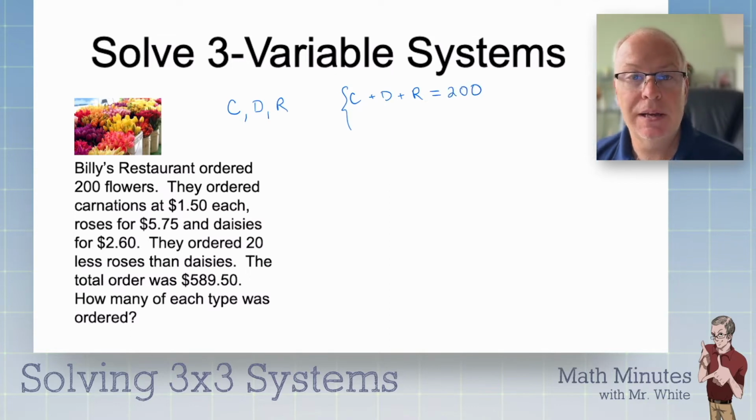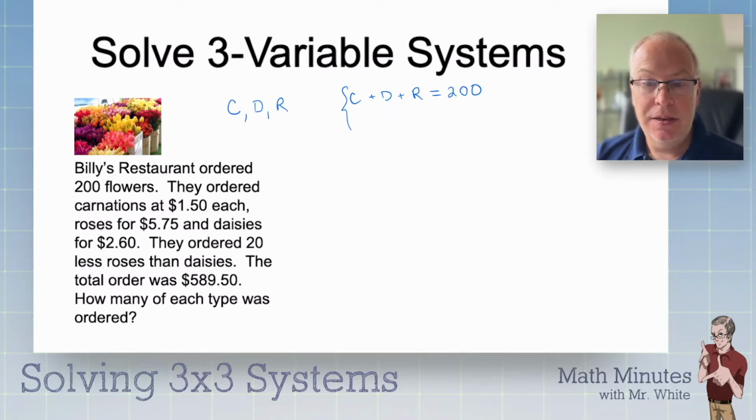By the way, I'm writing kind of small because honestly, there sometimes is a lot of work to do when you have a 3x3. Okay, they ordered carnations at $1.50 each.